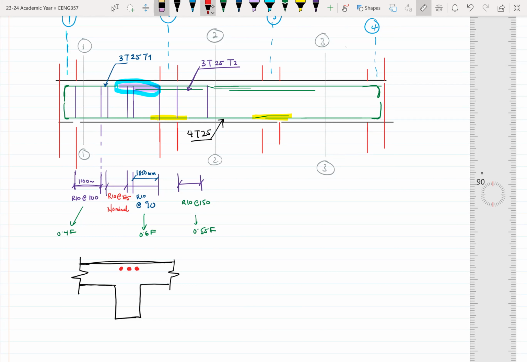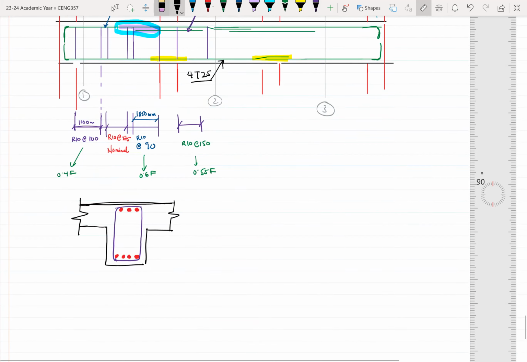Then at the bottom here you have 4. Let's assume that all the 4 can go in this space. So we have 1, 2, 3, 4. Mostly that is highly impossible, but let's assume that for now. So it means that our shear links, and then this will be the outline of our beam. So this is section 1, 1.